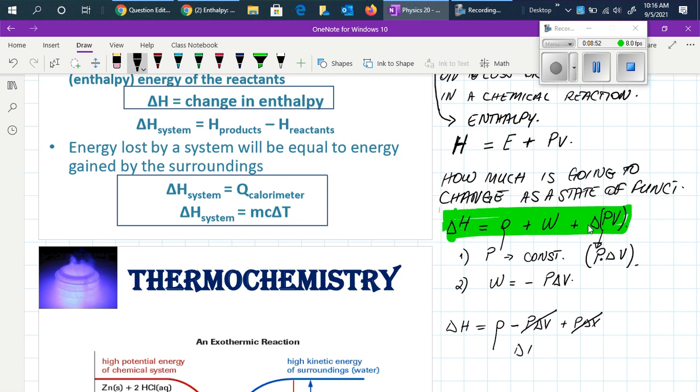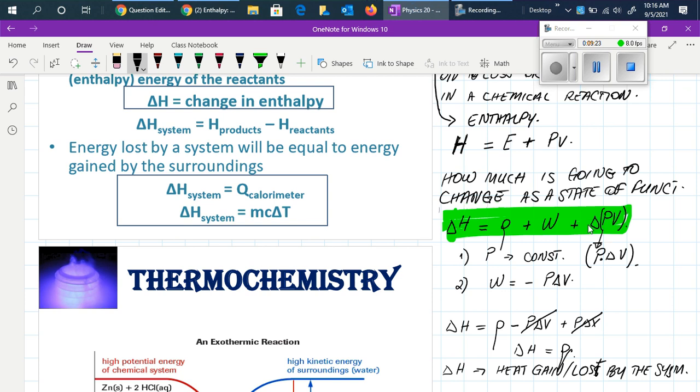So the math is becoming very simple. We are saying that the change of enthalpy is equal to the heat gained or lost by the system, the chemical system, okay?